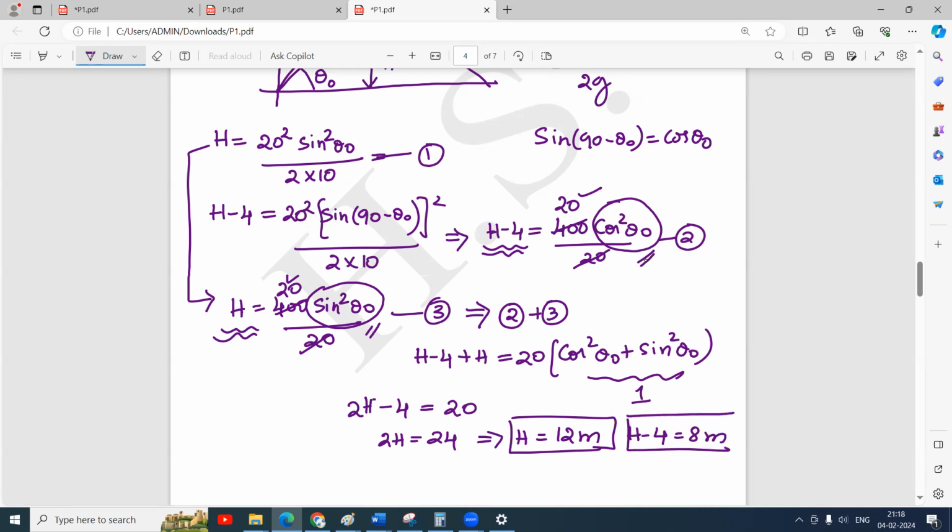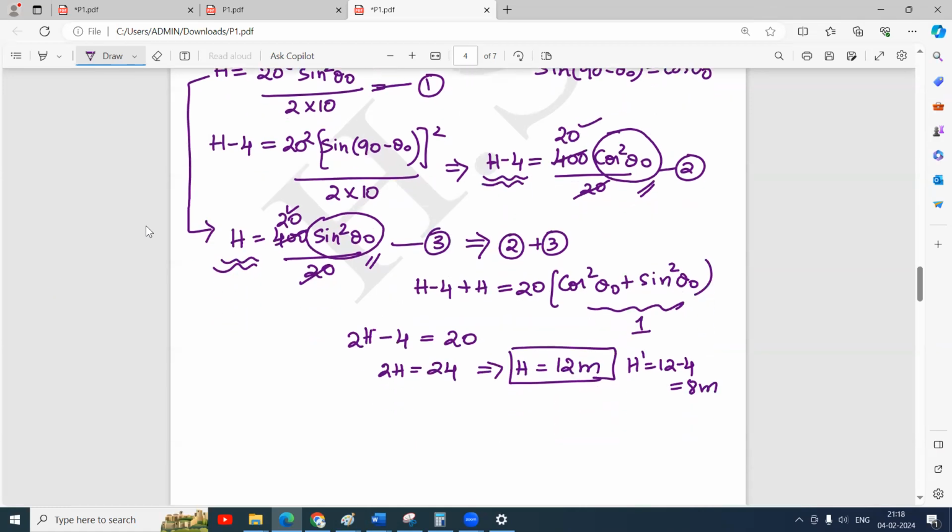So another height, h dash, I'll write: h dash is 12 minus 4, that is 8 meters.